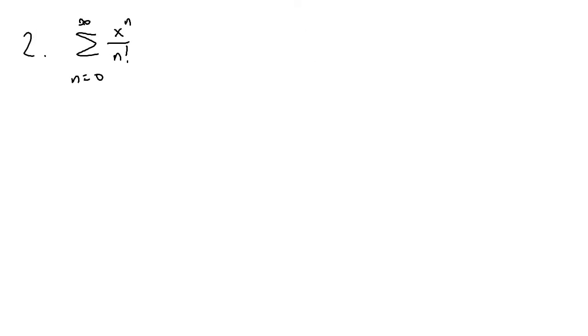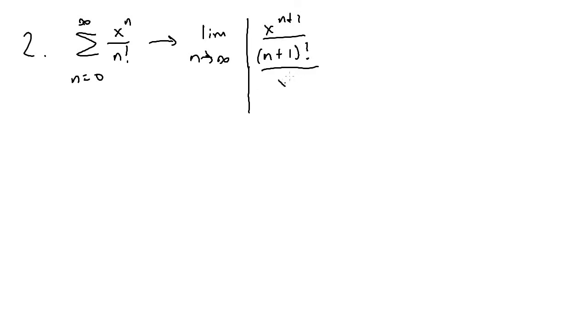Now for number 2, let's say we have to find the radius and interval of convergence of x to the n over n factorial. Once again, we have to use the ratio test because the root test doesn't really work here. So the limit as n approaches infinity of the absolute value of x to the n plus 1 over n plus 1 factorial, divided by the regular sequence x to the n over n factorial.